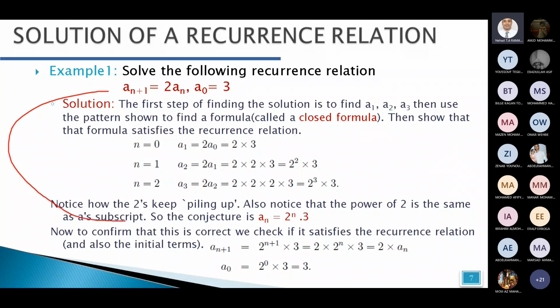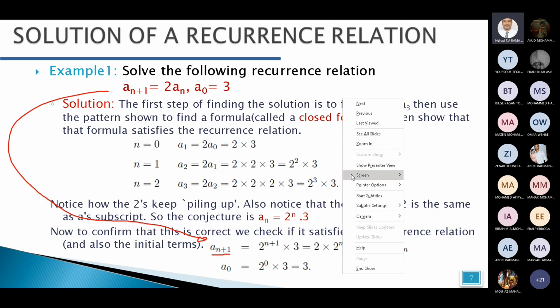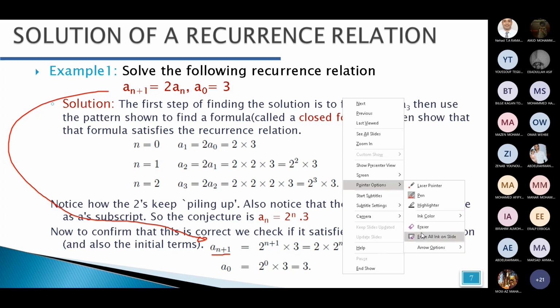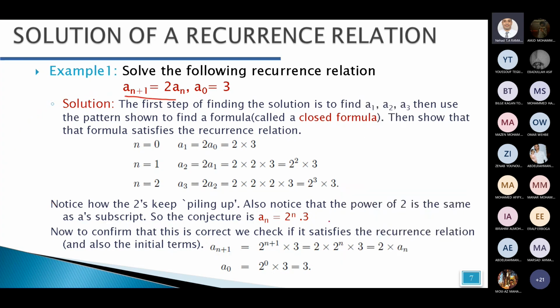So we will start from an plus 1. Sorry, I mixed up the solution. It's the opposite. Sometimes we can start from here, sometimes from here. I started in this solution from here, actually.